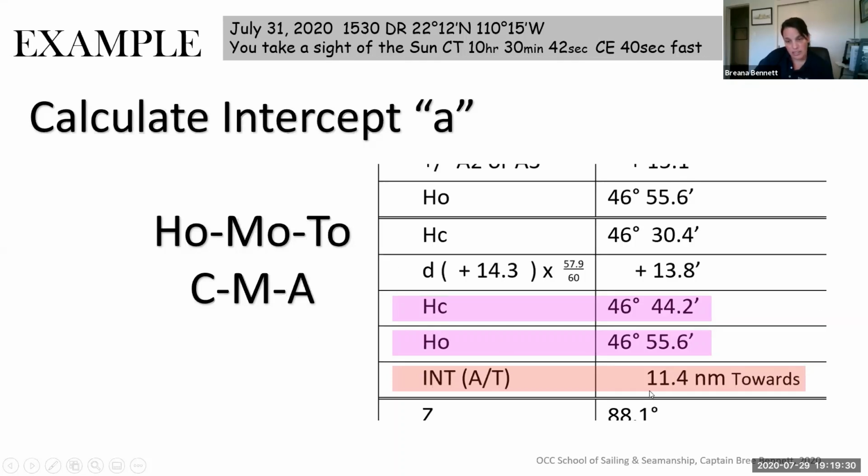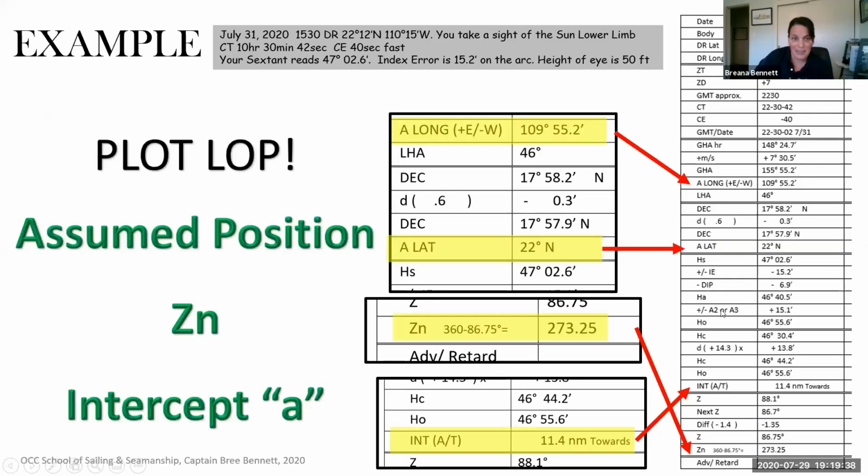So we've calculated our intercept, we've calculated our ZN, and we've calculated our assumed position. So now I'm at the side. We have our assumed longitude, assumed latitude, then we have our ZN and our intercept. So now we can plot.